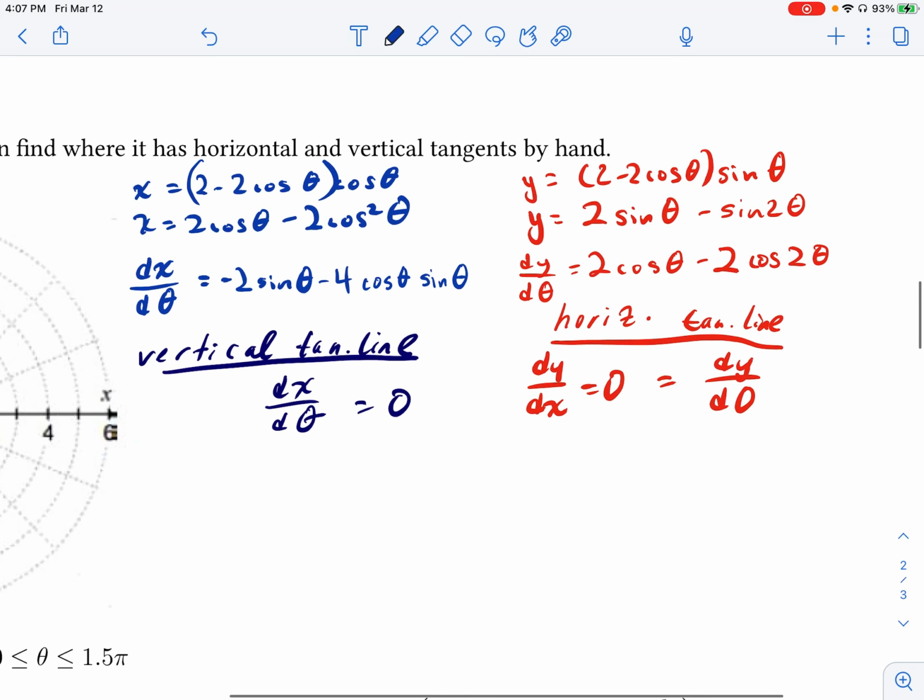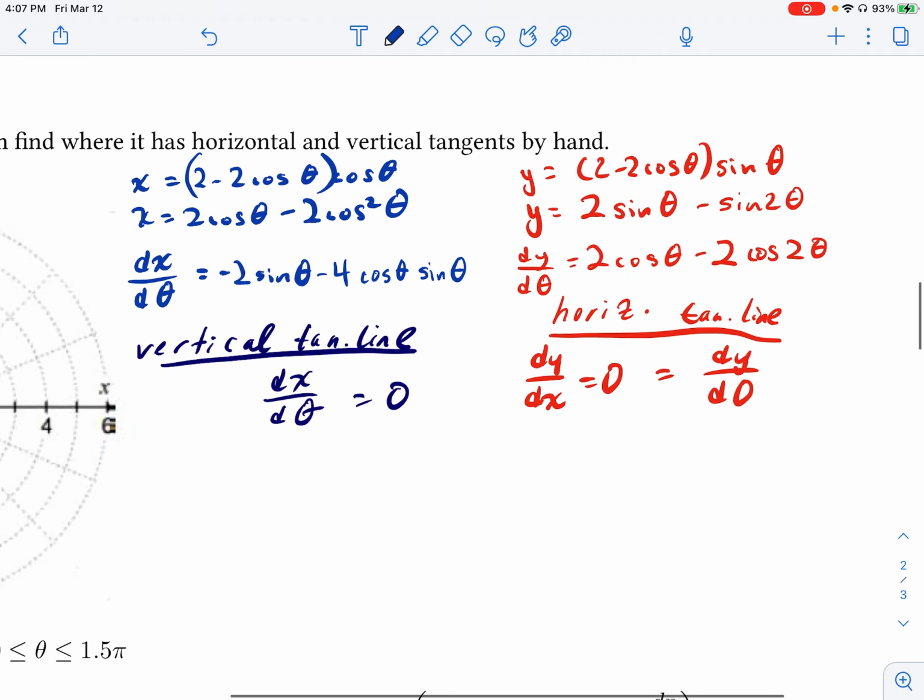Starting with this, if I want to do the vertical tangent line here, I'm going to set my dx/dθ equal to 0. So one thing I could do to make my life a bit easier is set 0 equal to negative 2 sine theta minus 4 sine theta cosine theta.